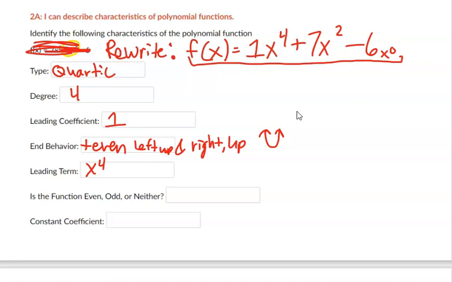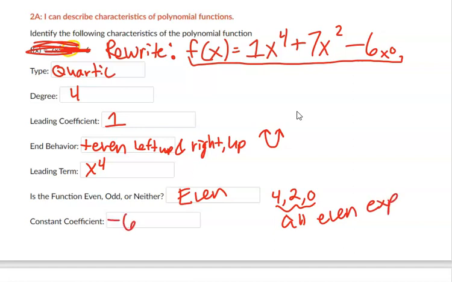Is the function even, odd, or neither? Our exponents are 4, 2, and 0. They're all even, so this is even. And our constant coefficient is negative 6.